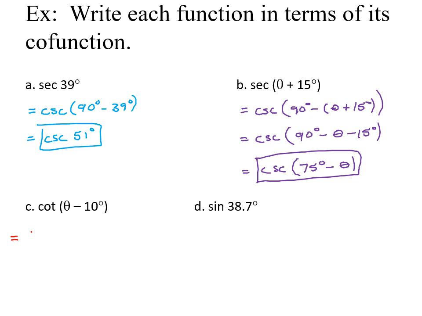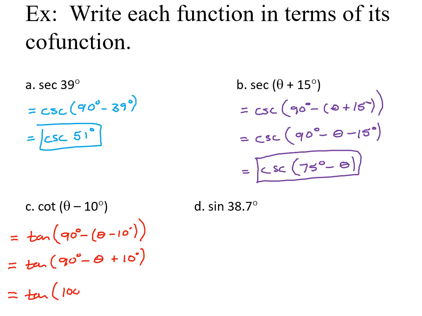But this becomes tangent of 90 minus theta minus 10. And again, the negative just distributes across to make this 90 minus theta plus 10. So this is tangent of 100 minus theta.